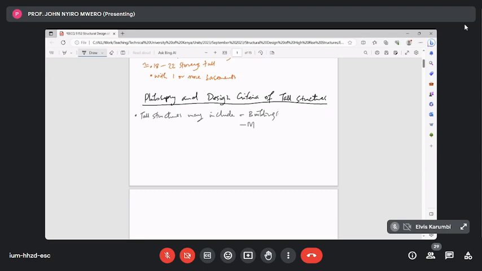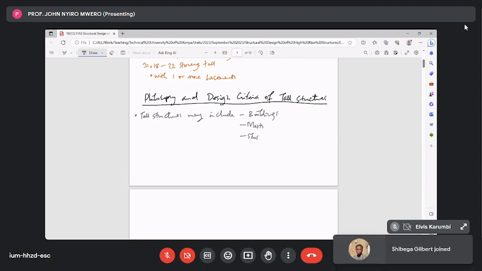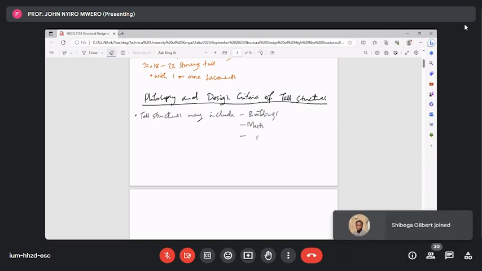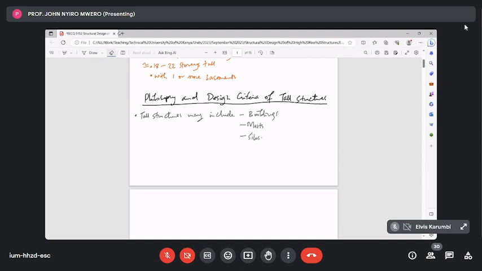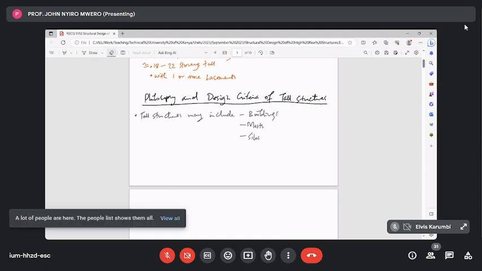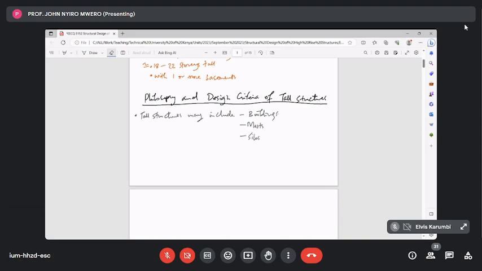There's masts. Okay, telecommunication masts, power line pylons. Those qualify to be tall structures. Then there's silos. I'll give you stories about some silos I looked at some time back. Very interesting silos. The regions of this country where we plant maize, for example, or other types of grain, we store those in these silos.